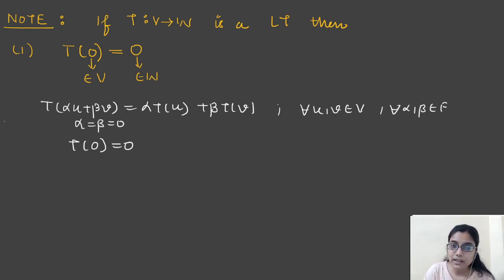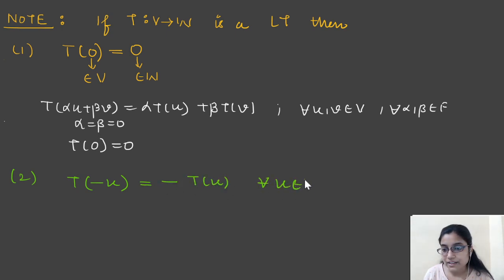One more important thing, what? T of minus u is going to be equal to minus T of u for all u in the vector space V. This is also very simple to understand. How? We choose alpha equal to minus 1 and beta equal to 0, because T is a linear transformation, it is already given. So for all alpha, beta this is going to be true.